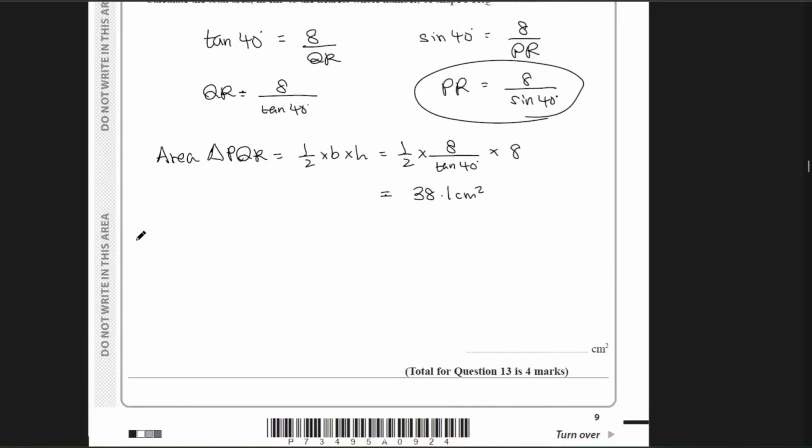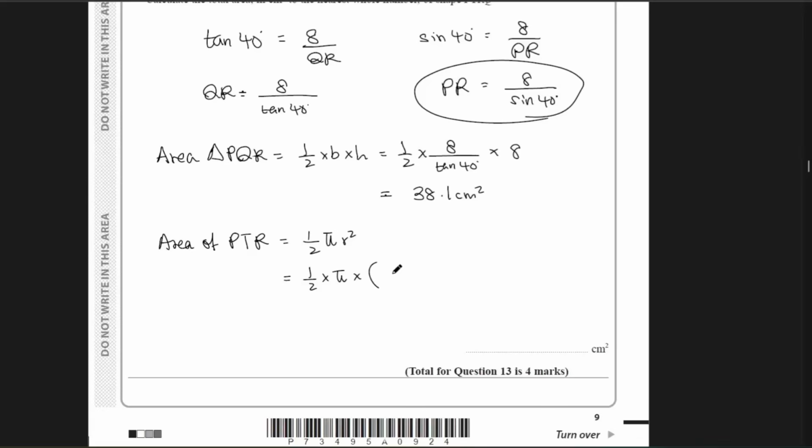So we can say the area of semicircle PTR is equal to half times pi times r squared. Pi r squared is the area of a circle, so we divide it by 2. So this becomes half times pi times, in place of the radius, we write PR divided by 2.